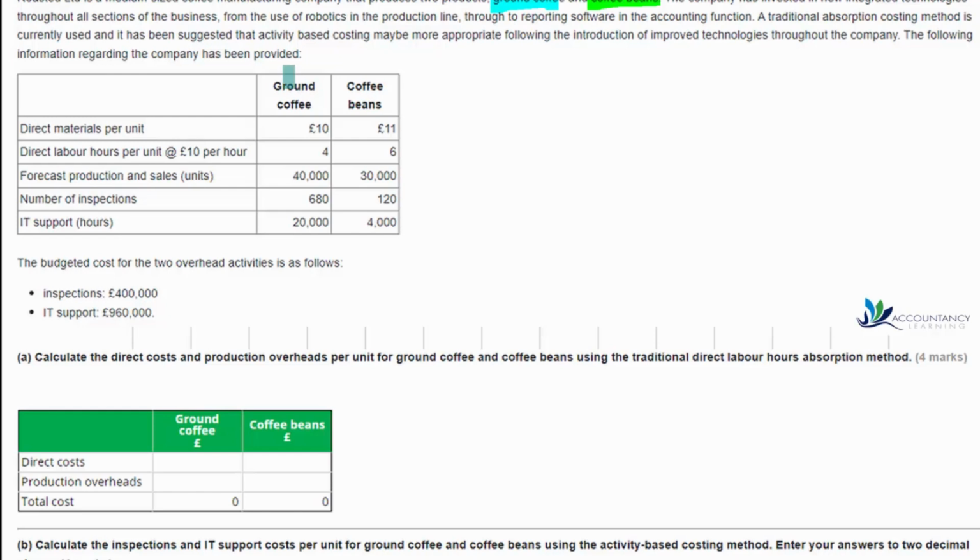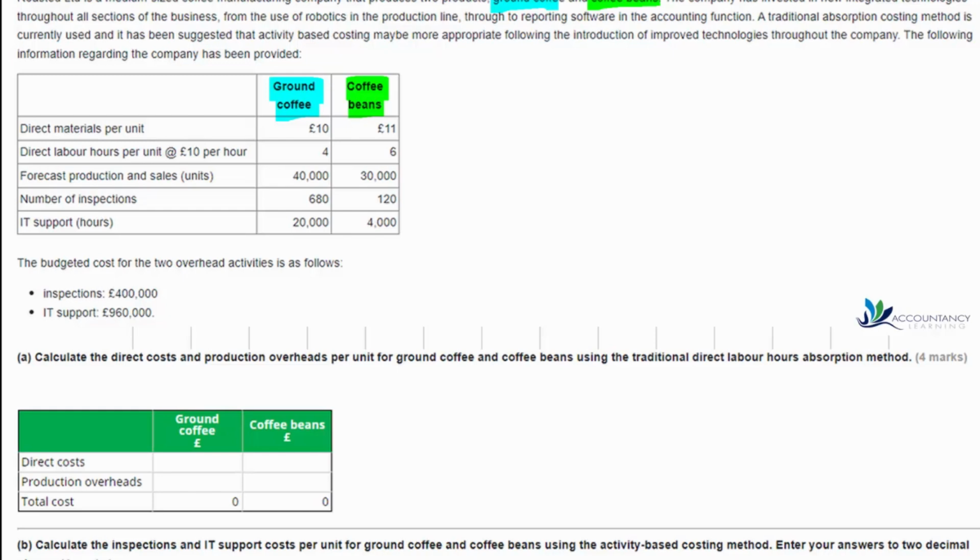So notice we have data for the first product, our ground coffee, and separately for our coffee beans. For our direct materials, we spend £10 for the ground coffee and £11 for the coffee beans. So that's quite similar, isn't it? But notice that they have different levels of labour time required.